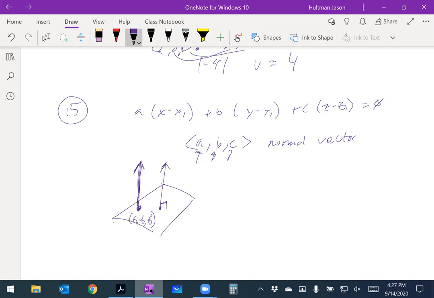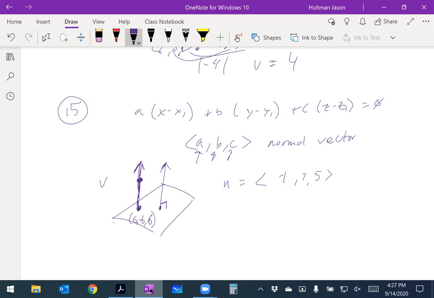Yeah, that helps. And so what are A, B, and C in this case? Well, the normal vector is negative 1, 2, and 5. And so what's the equation of this line? Now we know what the vector is. We'll call it vector V in our line.